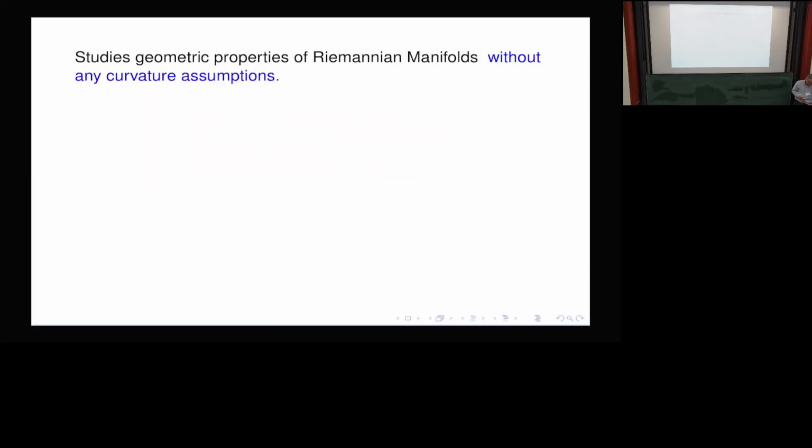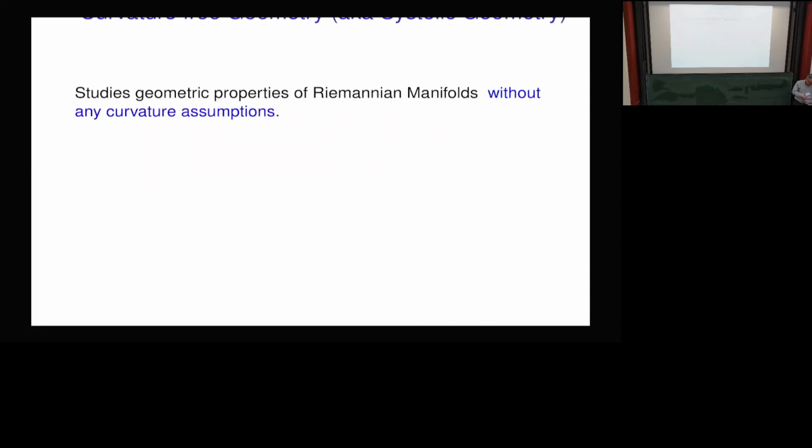So what is curvature-free geometry? Well, we try to give geometric properties of Riemannian manifolds, but without any curvature assumptions. Usually we put some curvature assumptions, but here we try to say something interesting geometrically that works for all manifolds.